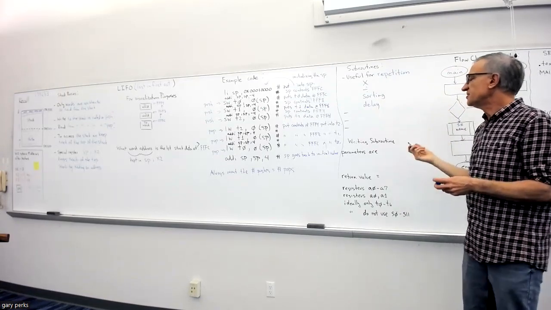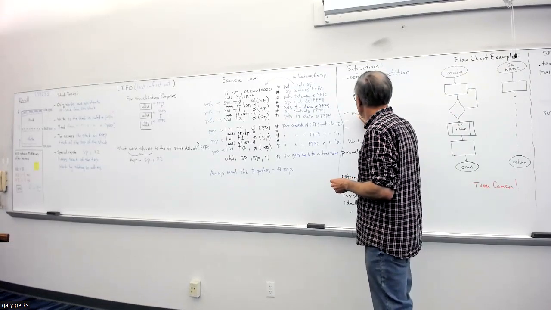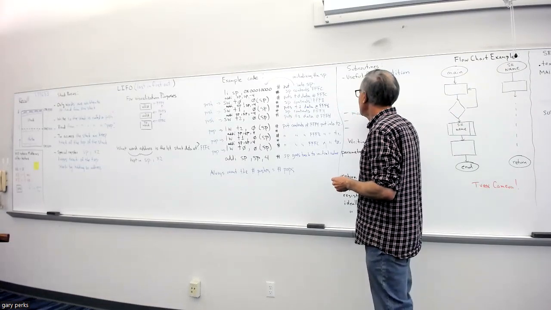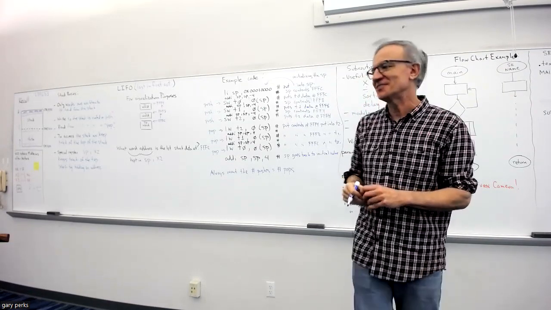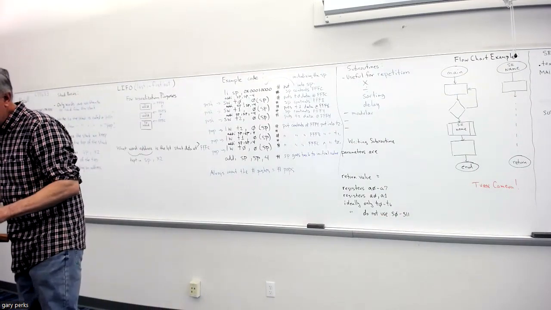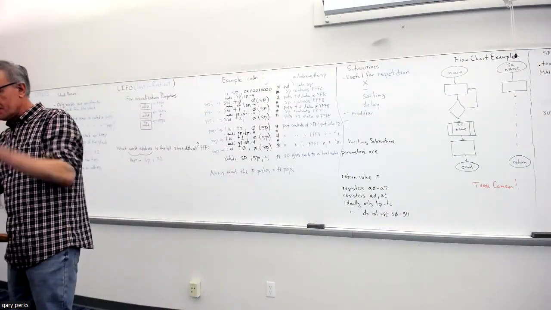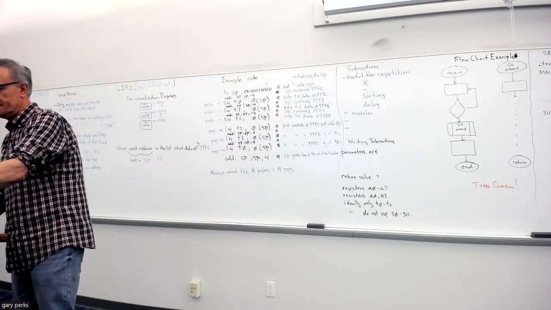Now, the advantages of using a subroutine is that first, you achieve what's called modularization. Actually, I have to look to see how it's spelled. It's easier to explain what it means than to actually write it. Oh, it's in my other notes.